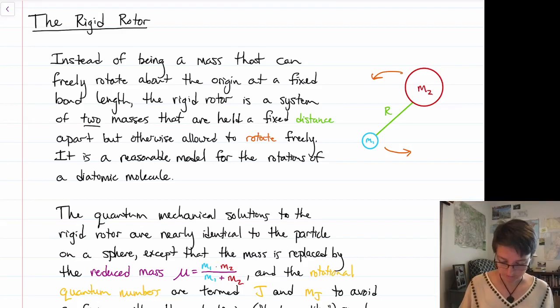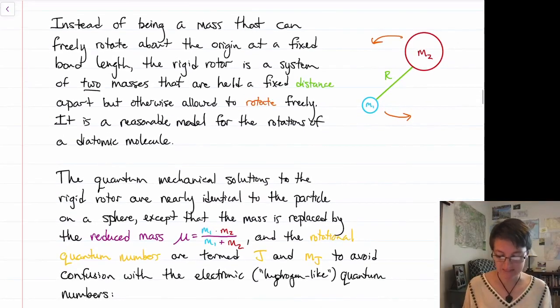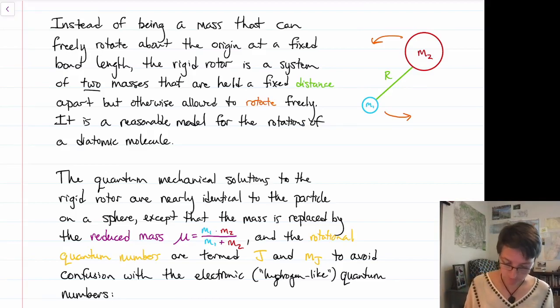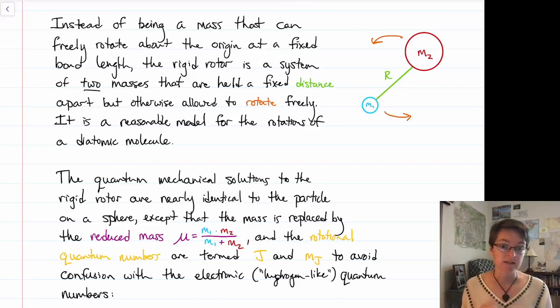So the quantum mechanical solutions to this system end up being nearly identical to that of a particle on a sphere. The only difference is that our mass m from the particle on the sphere gets replaced by the reduced mass mu, where just like when we were talking about vibrational motion, mu is equal to the product of my two masses divided by the sum of my two masses.